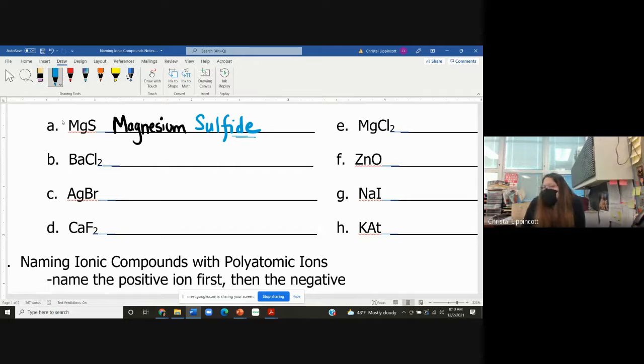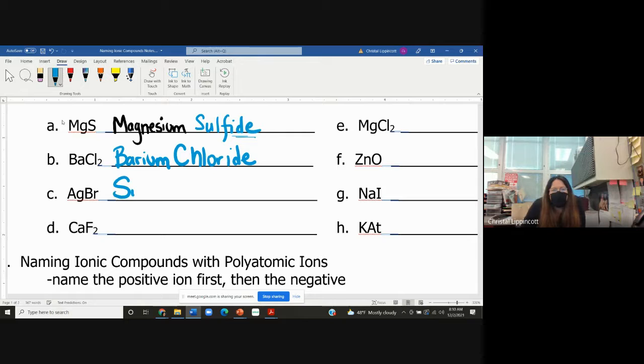Good. So this one is going to be barium. Check and see if it has more than one option. It doesn't. So then we just proceed with the anion. So this is going to be chlor. Chlor what? Chloride. Right. We changed the ending to ide.